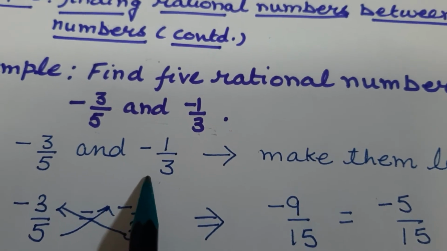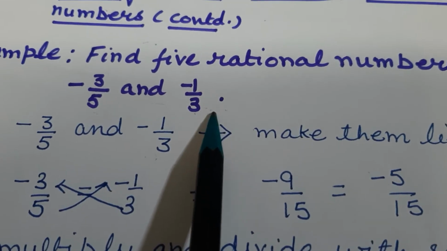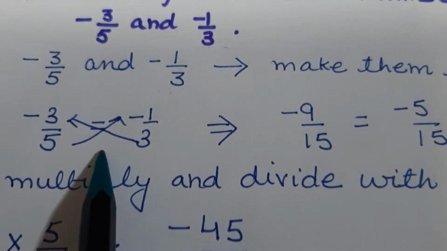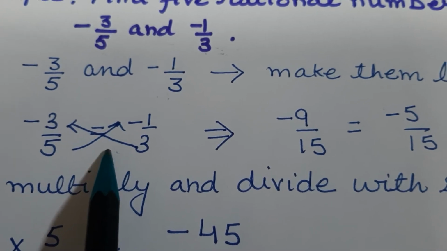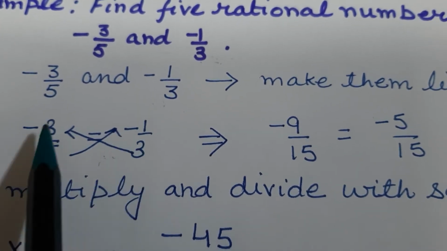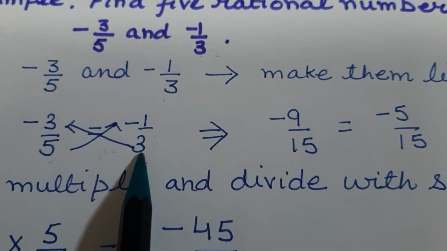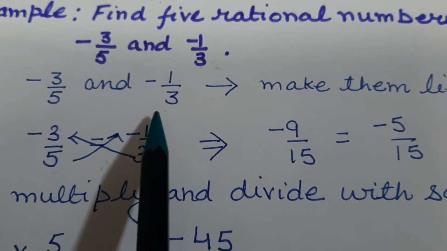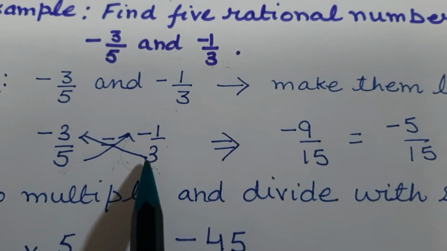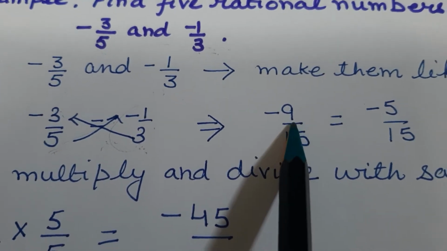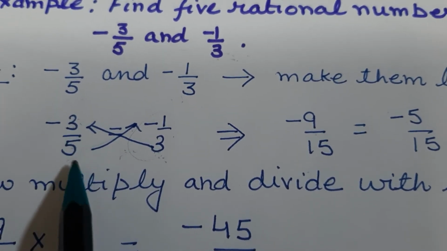So first we will make their denominators the same. We usually take the LCM, but if only two are given, we can also make their denominators the same in this way, as we did in the previous class when comparing. Each fraction will be multiplied and divided by the other's denominator. First, 3 times 3 is 9, so minus 9, and 3 times 5 is 15. So this 3 will be multiplied in the numerator and the denominator.